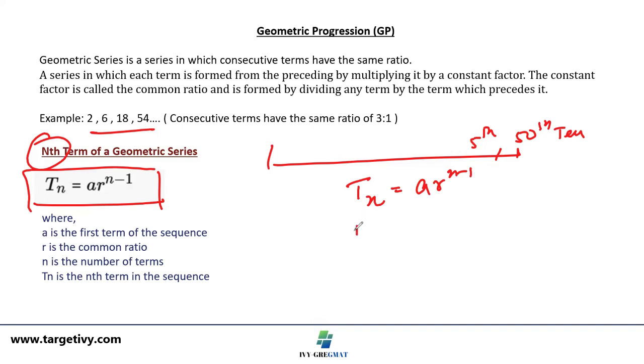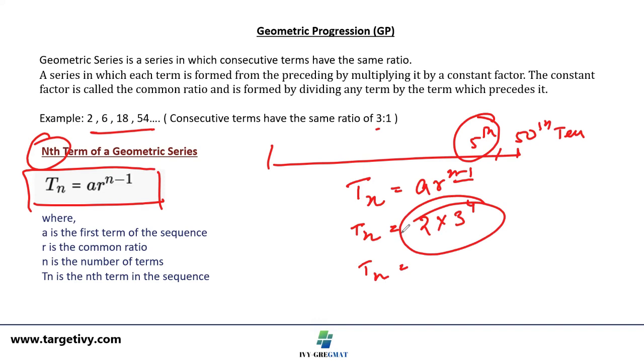So here the Tn, the nth term, say the fifth term in the series, we have got 4. The fifth one will be a here is 2 into r is 3 to the power n minus 1. 5 minus 1, 4. So the Tn will be this number.